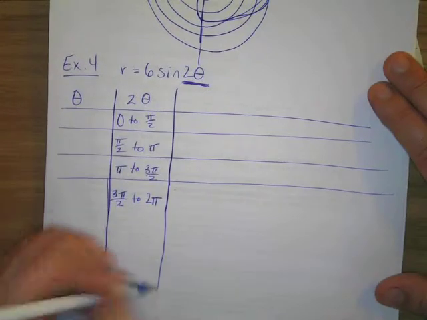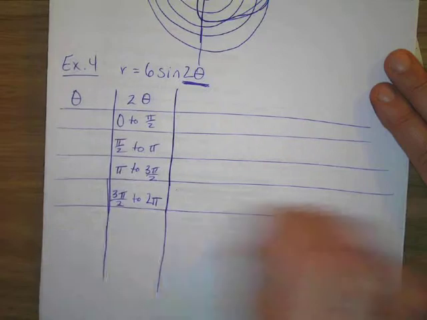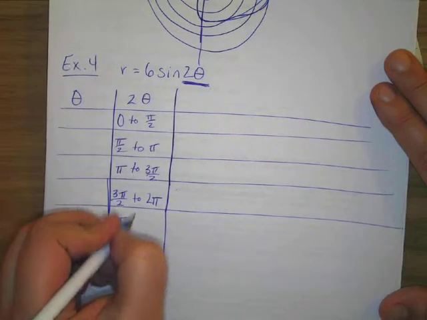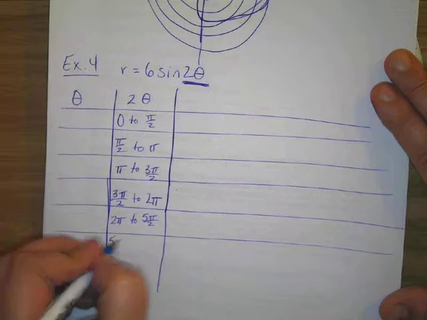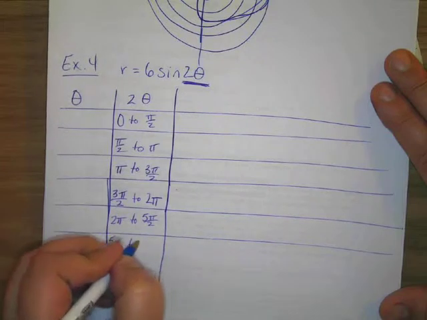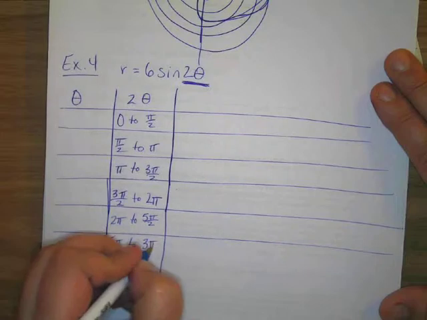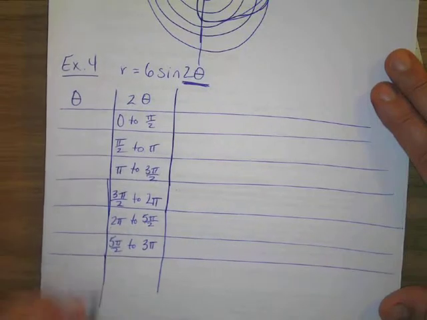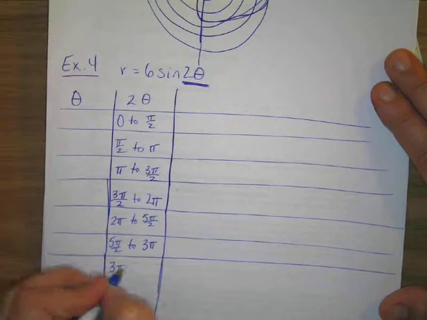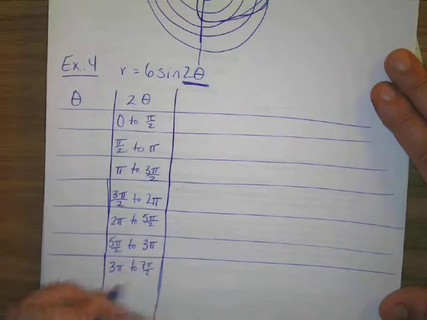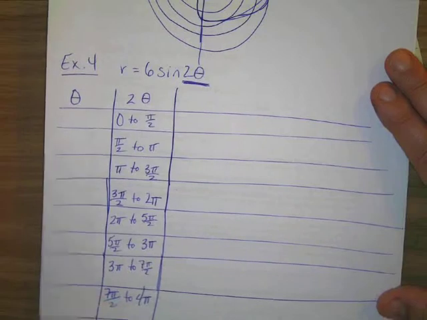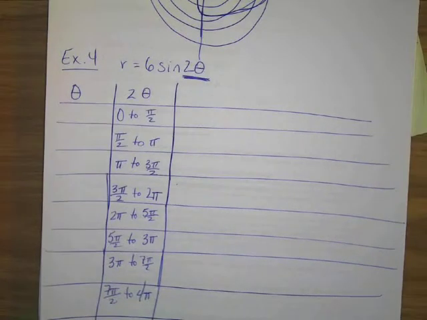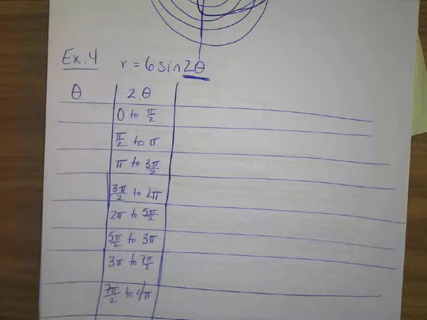Actually, I'm going to save us some heartache and tell us what we do. Because the angle is doubled, when we go backwards to theta, what are we going to have to do to go from 2 theta back to theta?